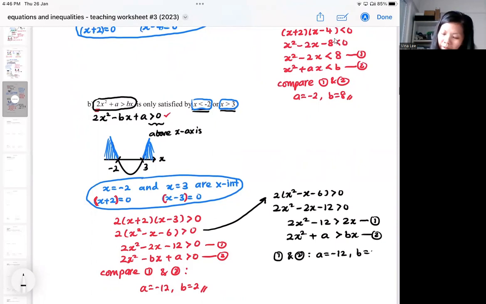I also get the same answer. So it's up to you whether you want to compare with the original expression or with this function.